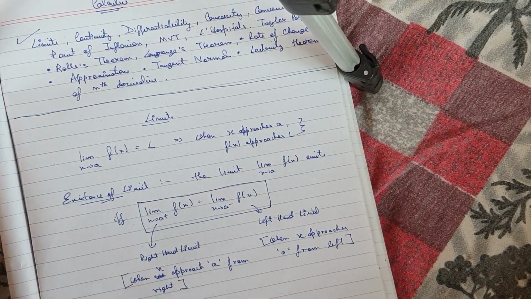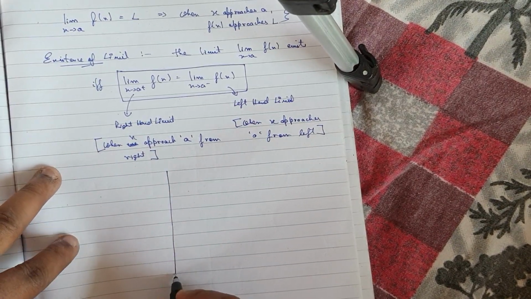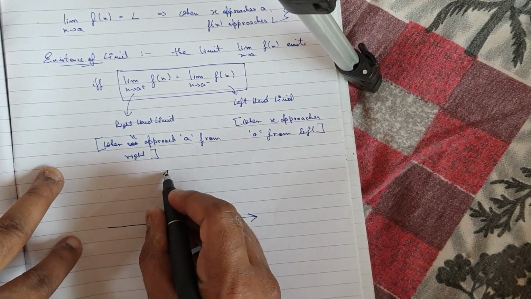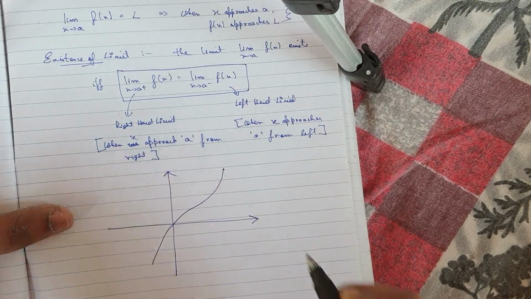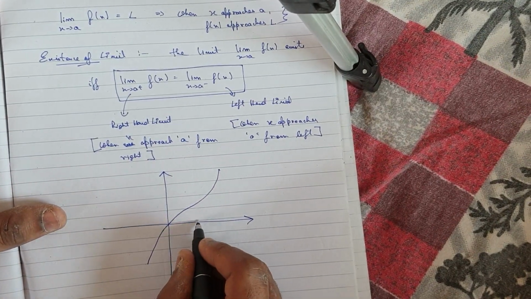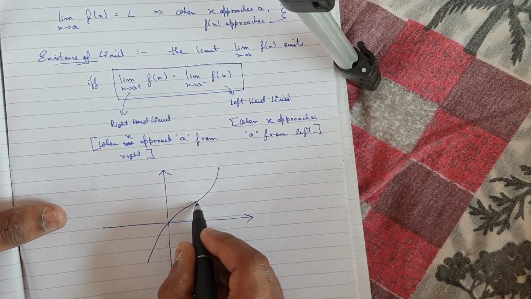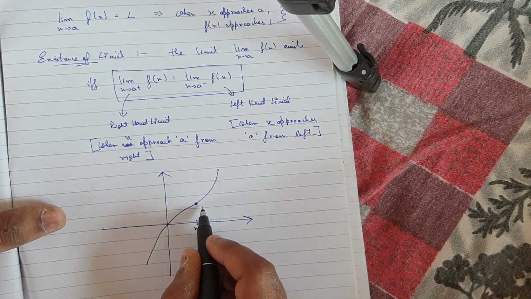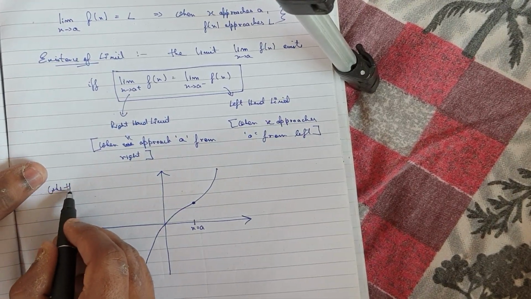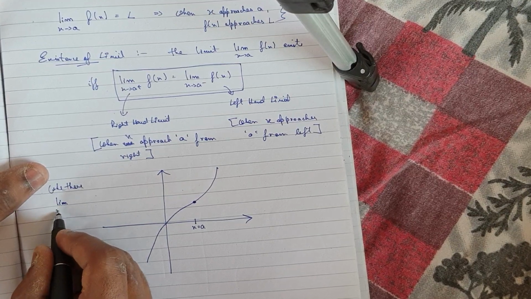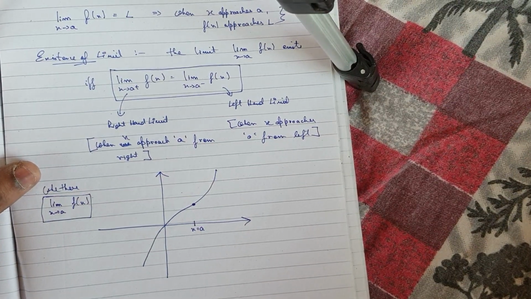Now let us go into a graphical understanding of this, and then both of these things will be completely understood. Look, suppose you have a graph which is given like this, and this is your x equal to a. So this will be your f of a, right? Now we ask whether limit x tends to a of f(x) exists or not. This is the question.